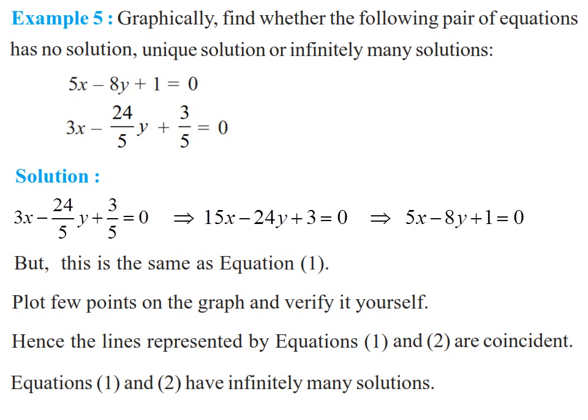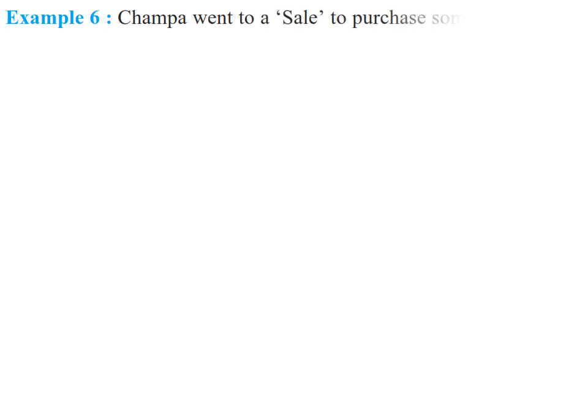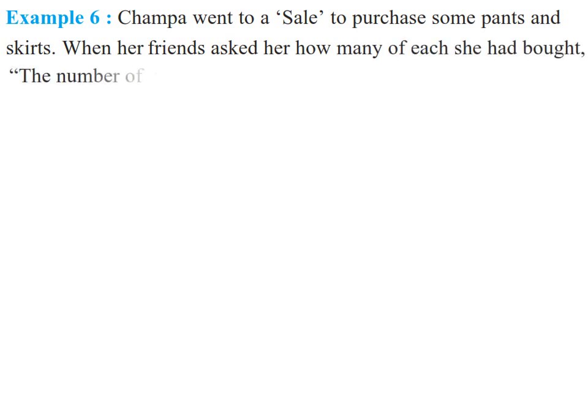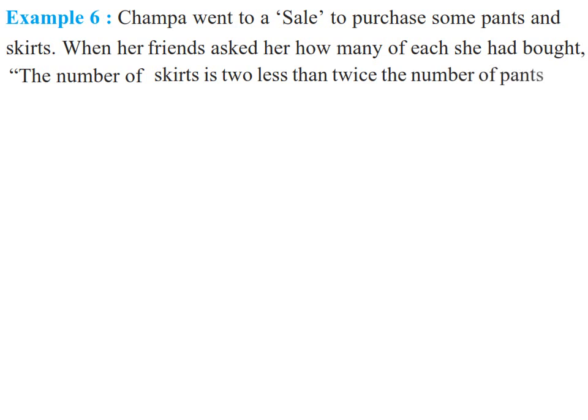Now the next one, example number 6. Champa went to a sale to purchase some pants and skirts. When her friend asked her how many of each she had bought, she said that the number of skirts is 2 less than twice the number of pants.